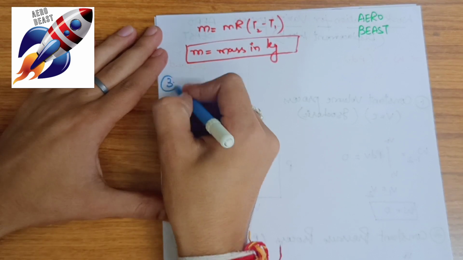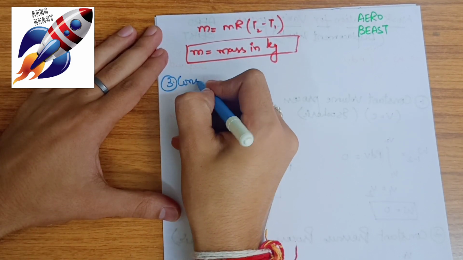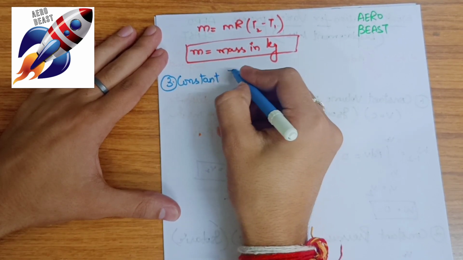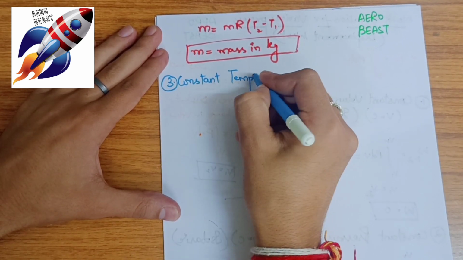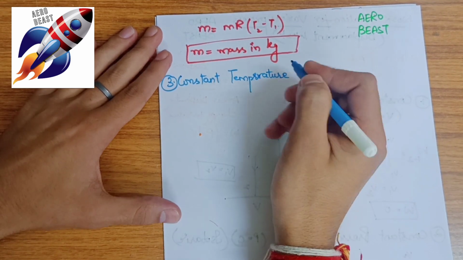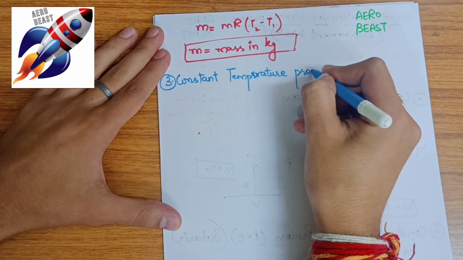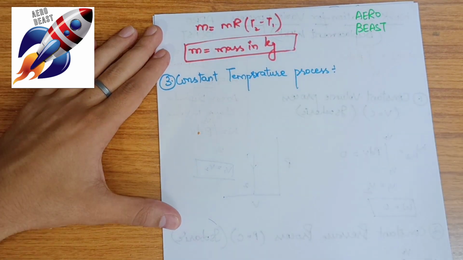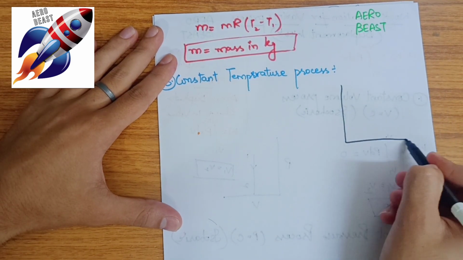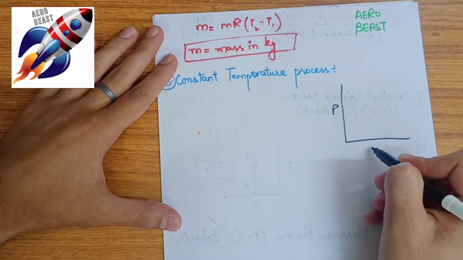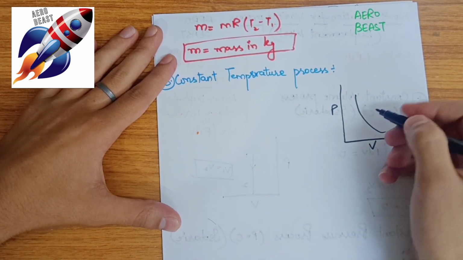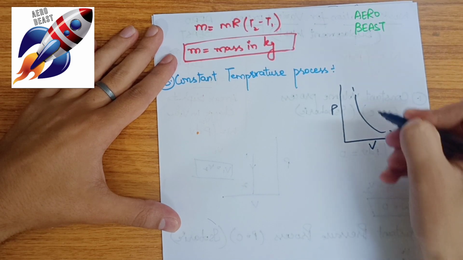So going with the third one, the constant temperature process. In that case the graph will come like that, in a curve. Here is pressure and volume, and the graph will come like that from 1 to 2.